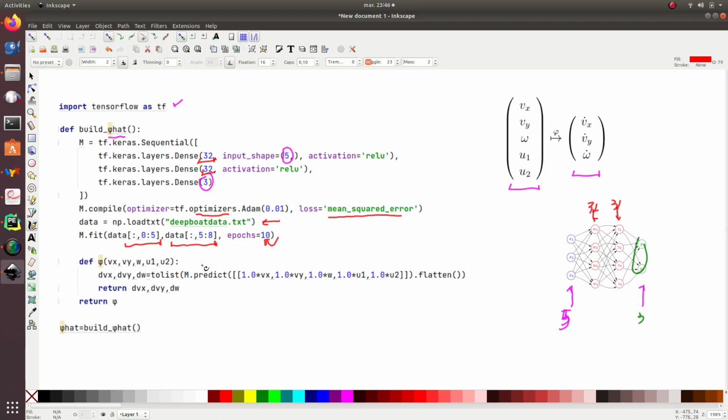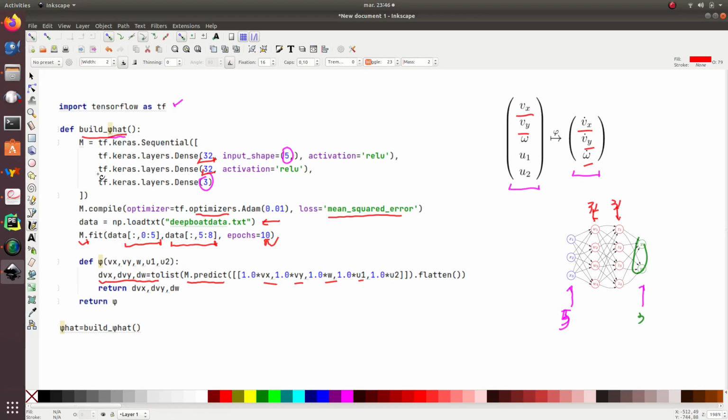Then, once M has been built, I will be able to predict with Vx, Vy, and so on, U1, U2, and transform the result into a vector or a list. It will predict and give me this one, this one, and this one. Now I have built this function phi.